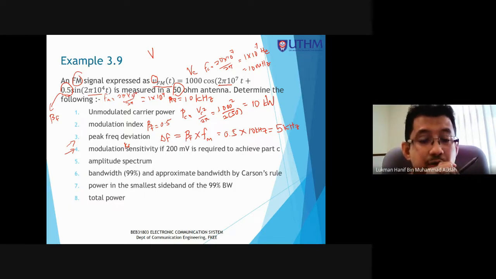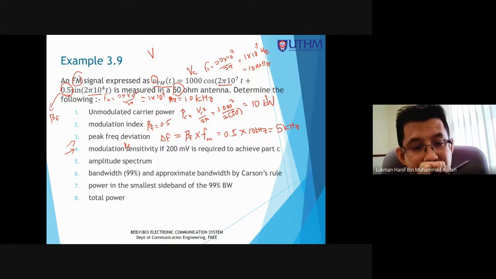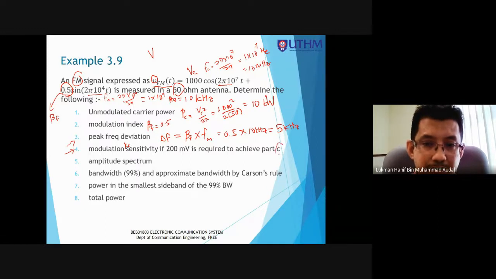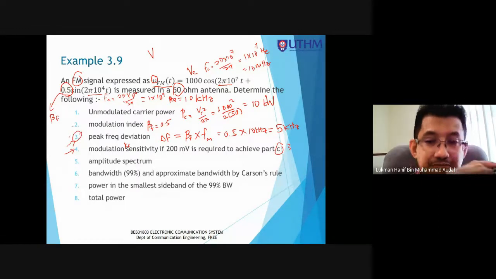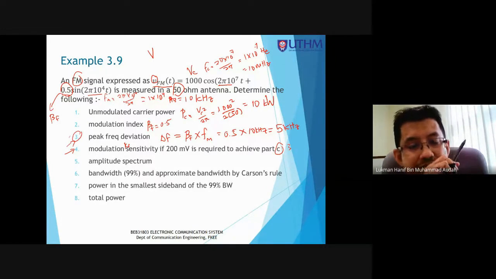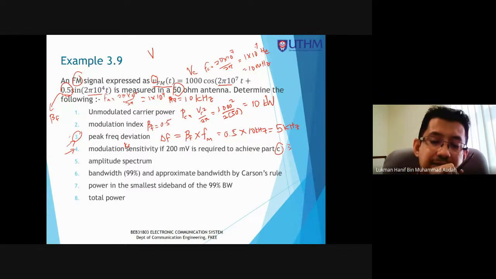If you are given a voltage of 200 millivolt required to achieve part C. It means the question asks what is the value of KF so that we can achieve the delta F in part C, question number 3. How much is KF in order to achieve delta F equal to 5K, given this.